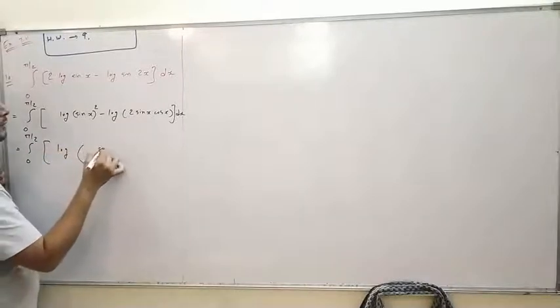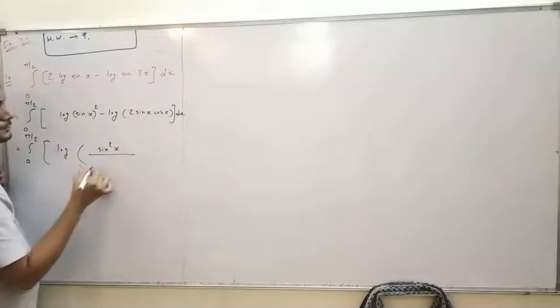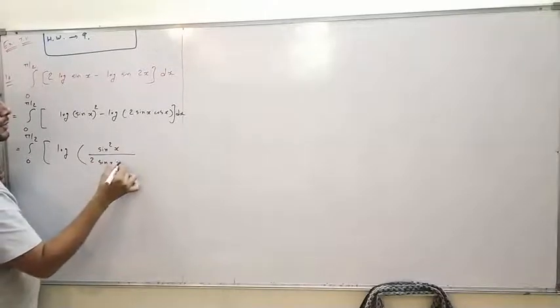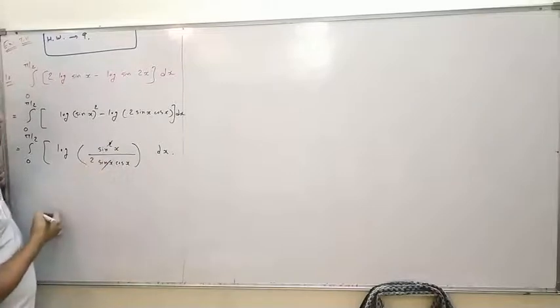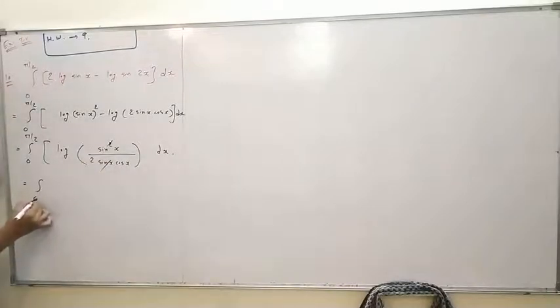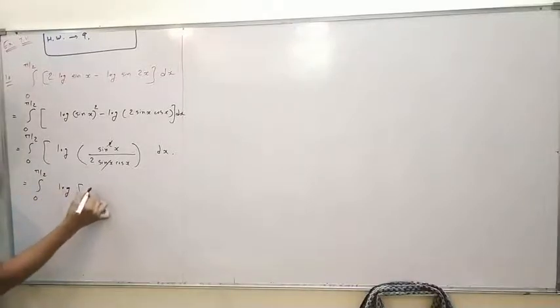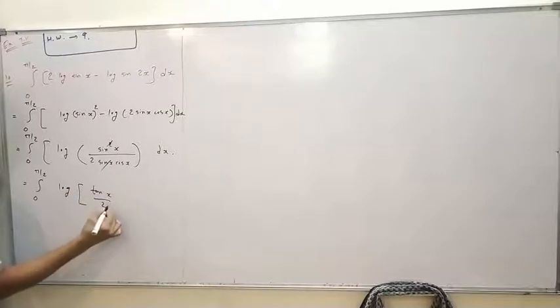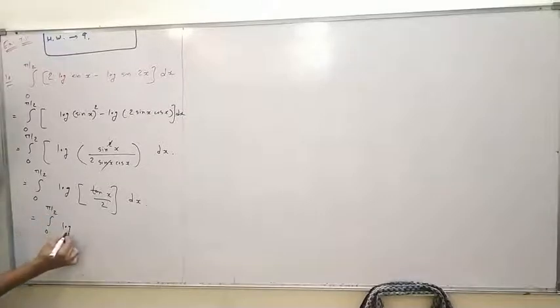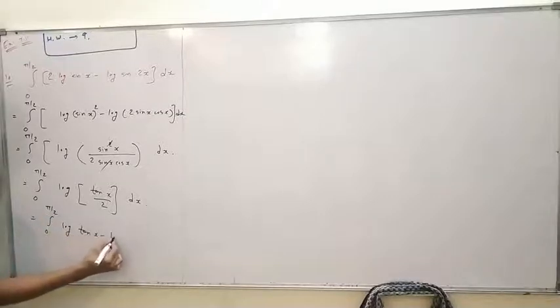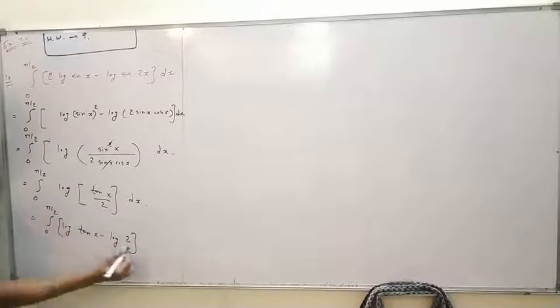So that is log of sin squared x upon 2 sin x cos x. The sin cancels. So it is integral 0 to pi by 2 of log of (tan x by 2). We can write integral 0 to pi by 2 of (log tan x minus log 2) dx.